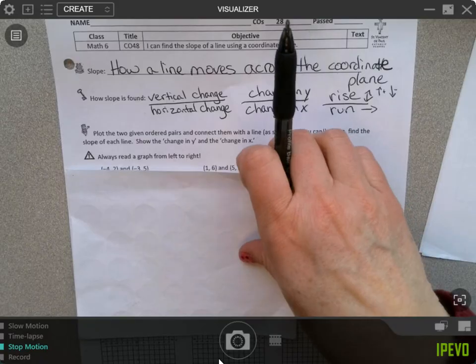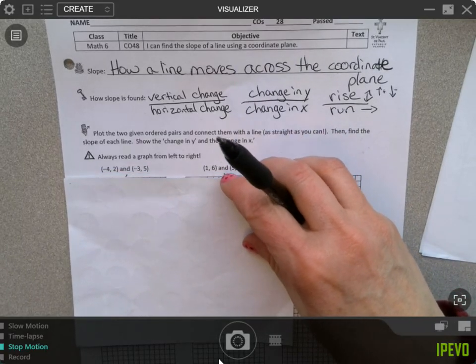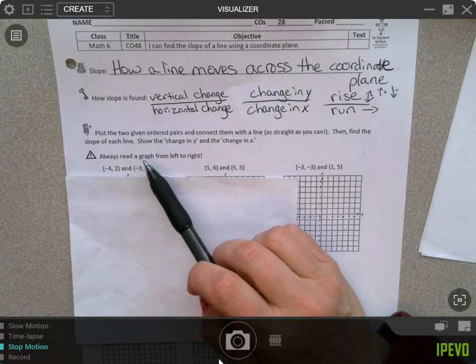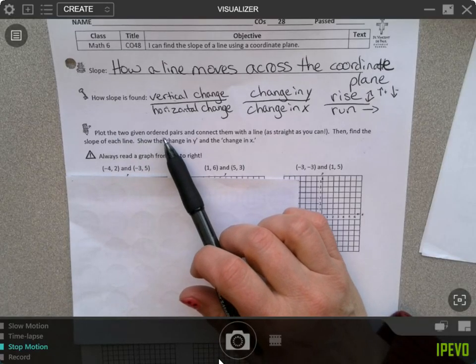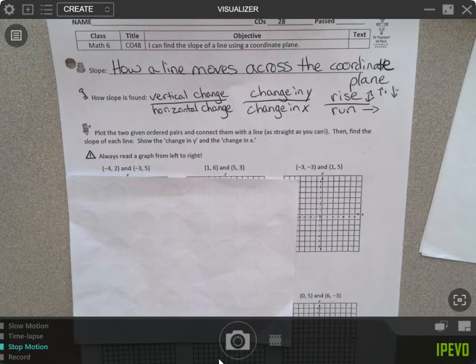So let's look at what that means. First, when we plot the two given ordered pairs, we know how to plot. We did that on the last objective. When you plot your two dots, you're going to connect them with a straight line.